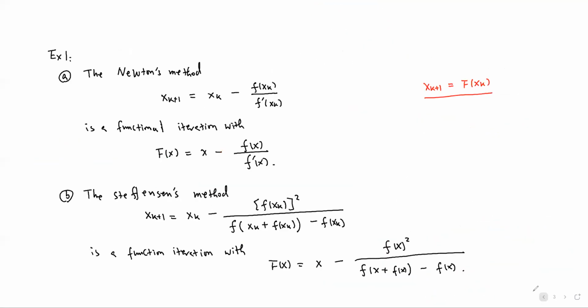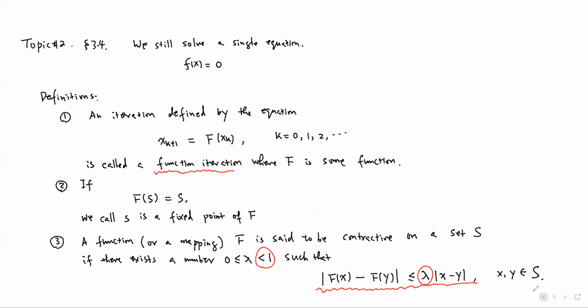The definition: always go back to the definition. A function is said to be contractive on a set if we can find a number less than 1 so that this inequality is true for any x and y from the set S.